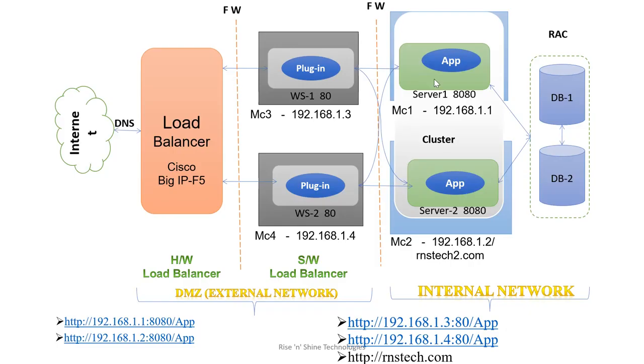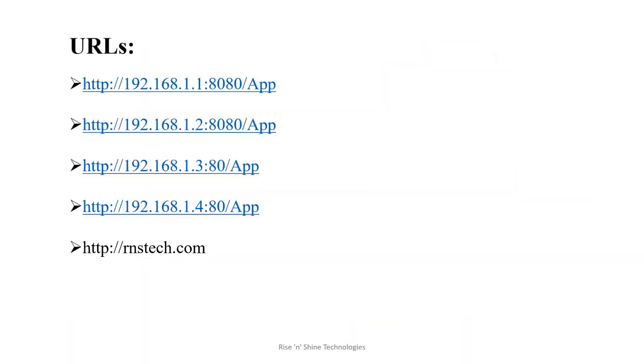Some environments go load balancer to app to database, or other applications go load balancer to the proxy layer to the app layer to the database. On the basis of the layers, these URLs are required to understand that.